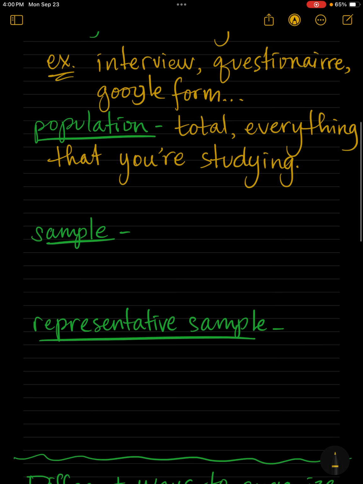Now, if we want to know what the United States thinks about a certain topic, we're most likely not going to talk to everyone in the United States. We'll just talk to a sample, or a part of the total population.